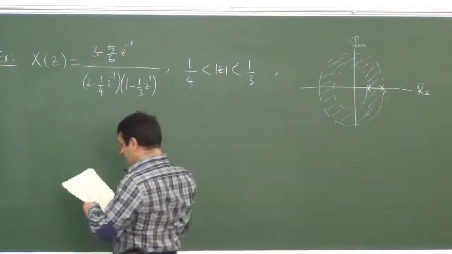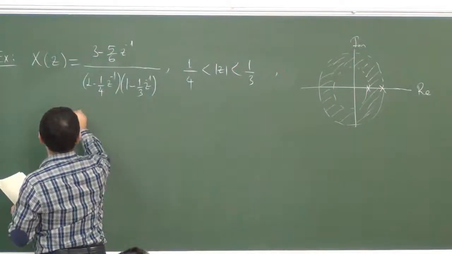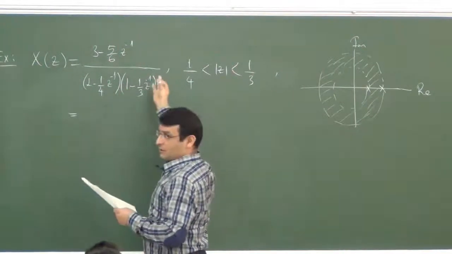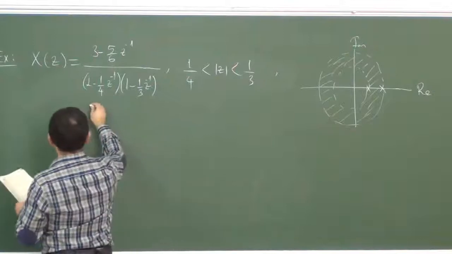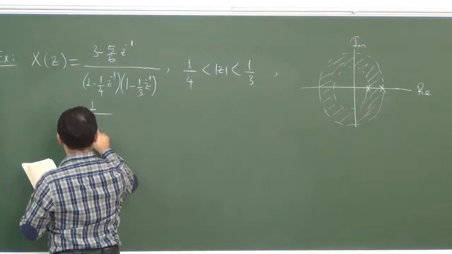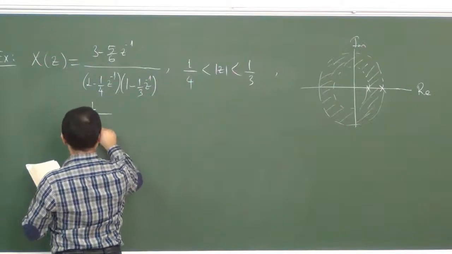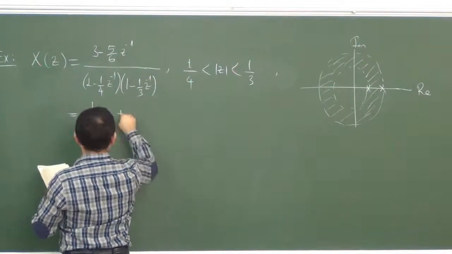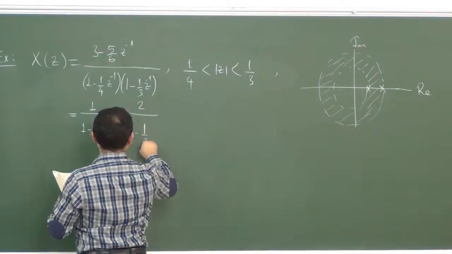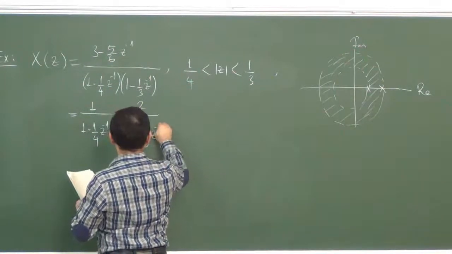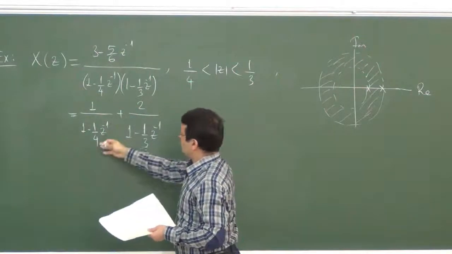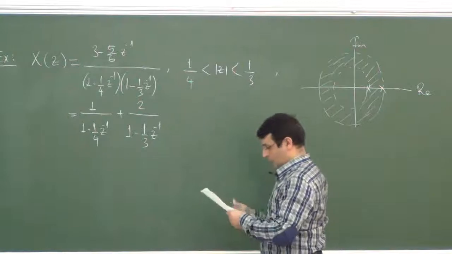So let's find the inverse transform of this expression. How can we do this? You can factorize this expression into two parts. It is 1 over 1 minus 1 over 4 z to the minus 1 plus 2 over 1 minus 1 over 3 z to the minus 1. Okay? You can write this expression in this form.